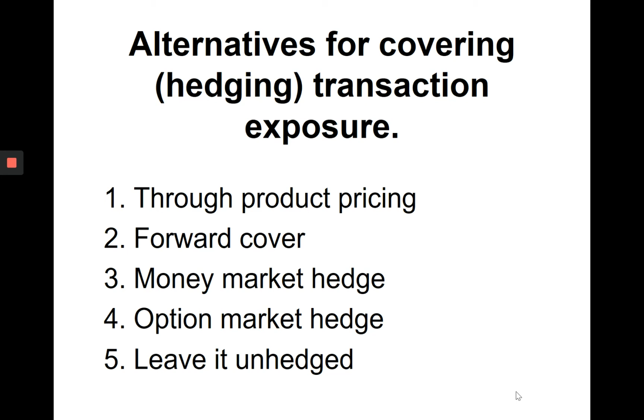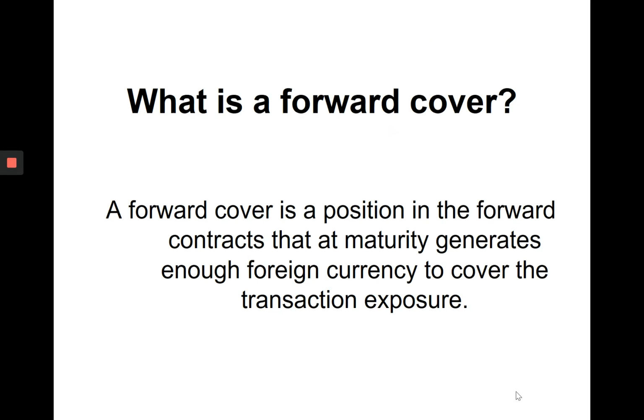Okay, so both of these methods, number one and number five, are minor methods. Let us go to our three major methods, which would be the main topic of this discussion. Number one, forward cover.